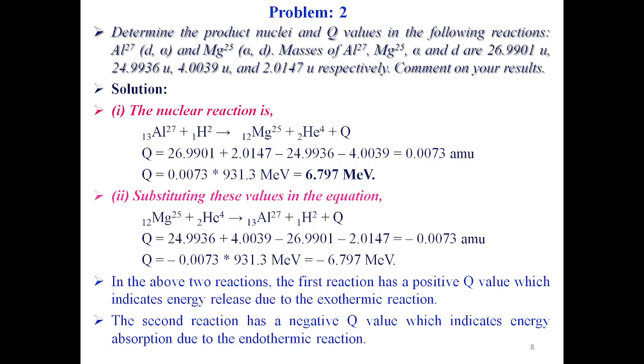So that could be magnesium 12 25 plus alpha particle plus Q, the energy involved. So now let us find out the energy involved in this equation.